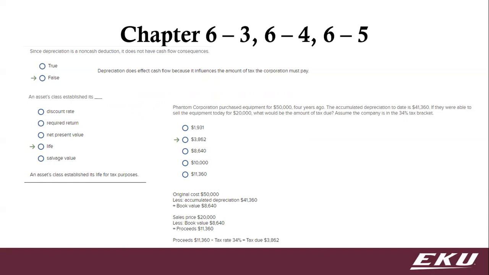Okay, and then the life of an asset, that's how we depreciate it. We'll say, oh, this one lasts for 7 years, 10 years, 30 years, and we have an appropriate depreciation table we use. And then again, there's a work through on an example of that type of depreciation.